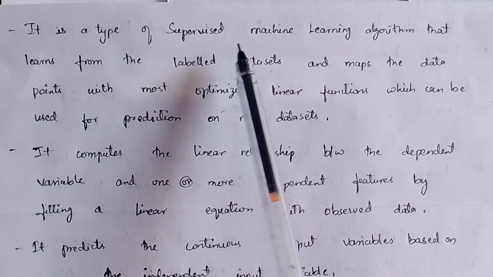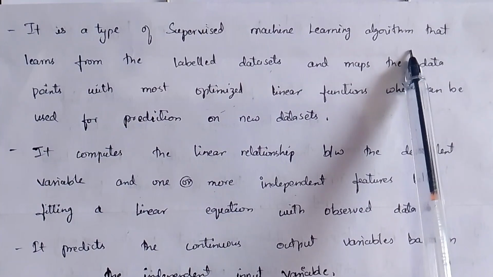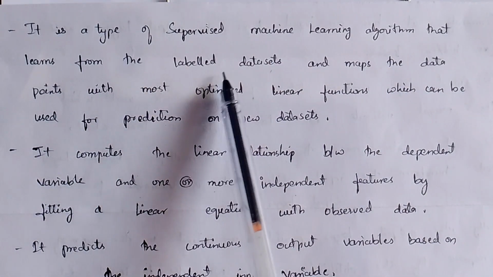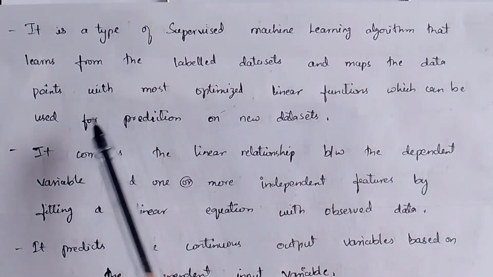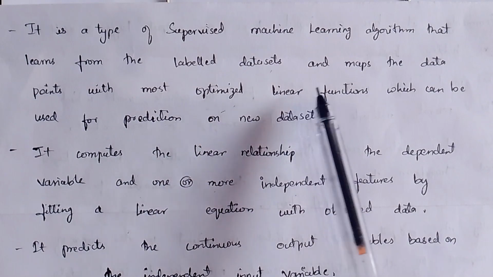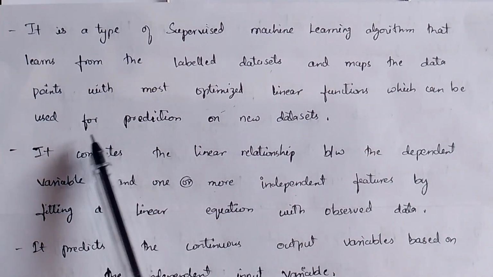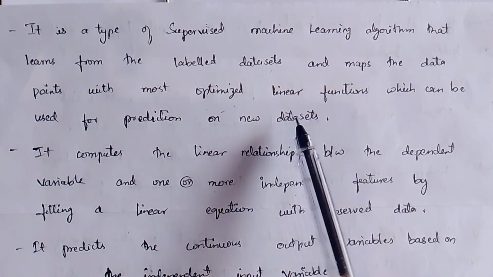It is a type of supervised machine learning algorithm that learns from the labeled dataset and maps the data points with the most optimized linear function, which can be used for prediction on new data sets.